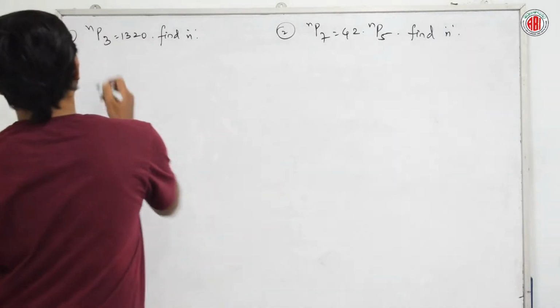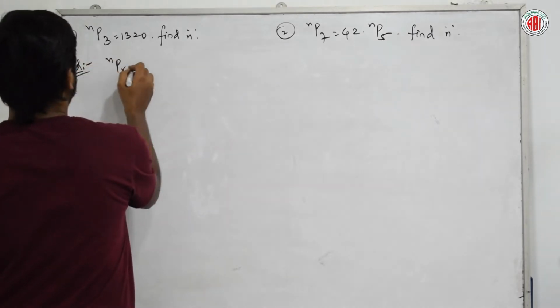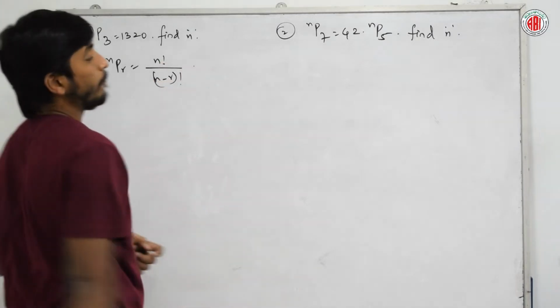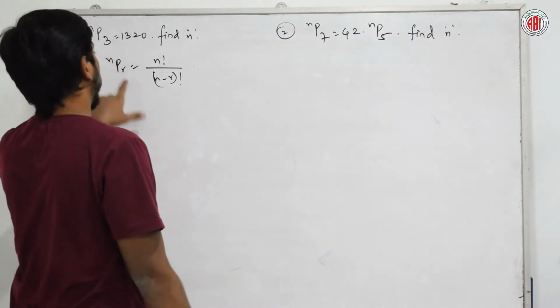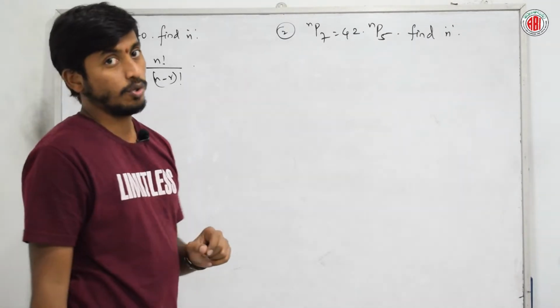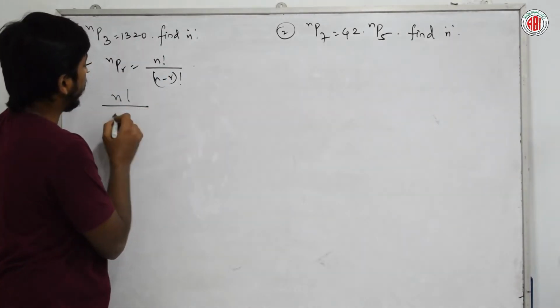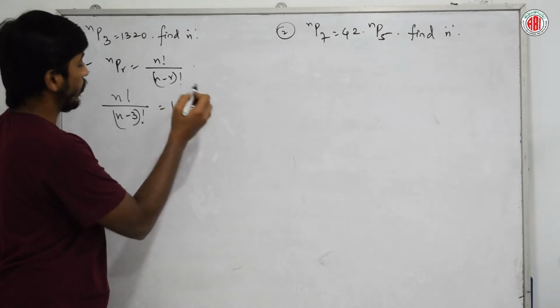See here. What's the formula of nPr? The formula for nPr is equal to n factorial by n minus r factorial. Isn't it? What is n here? The n itself is n, r is 3. So shall we substitute? See here. nP3 is nothing but n factorial by n minus 3 factorial, that is equal to 1320.